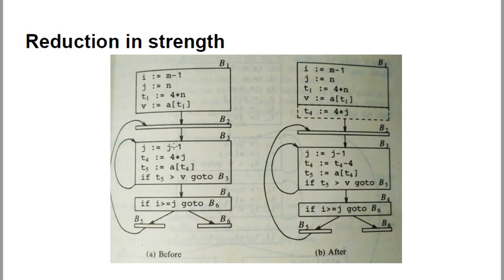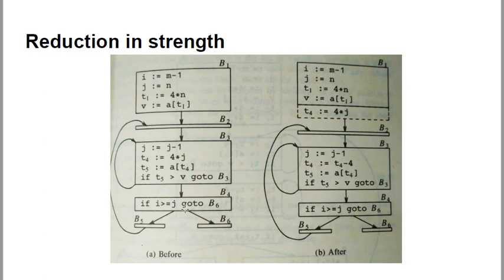When there are two or more induction variables, it may be possible to eliminate one by the process of induction variable elimination. So if we consider over here the relationship T4 is equal to 4 into J, it surely holds after such an assignment to T4, and T4 is not changed elsewhere in the inner loop around B3.